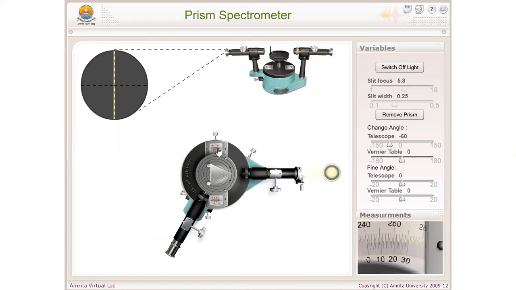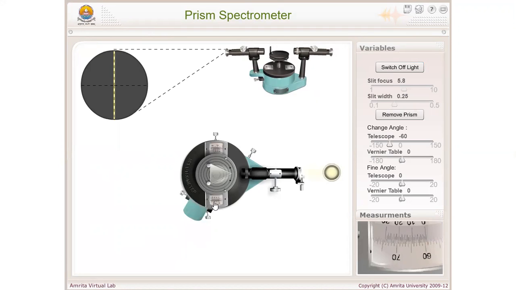So when I observe this carefully, I see that my 28th line is coinciding with the main scale. So similarly, you can take a reading of this vernier scale also, V2.